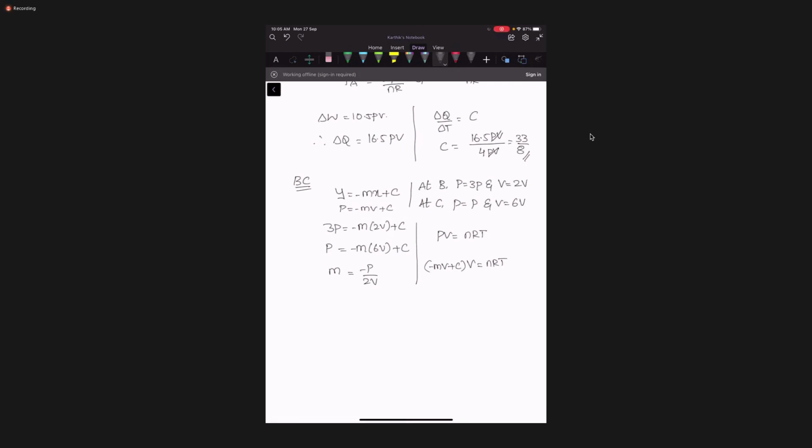So P by 2V into V plus c into V is equal to nRT, right? So once you get it, do dT divided by dV is equal to 0. At that, you will get your temperature max. Clear?